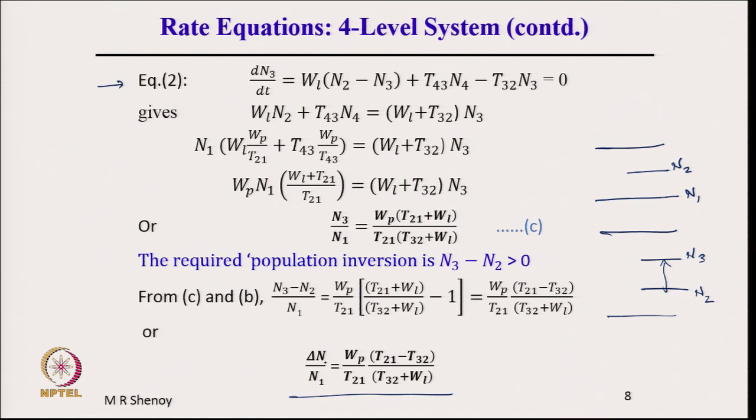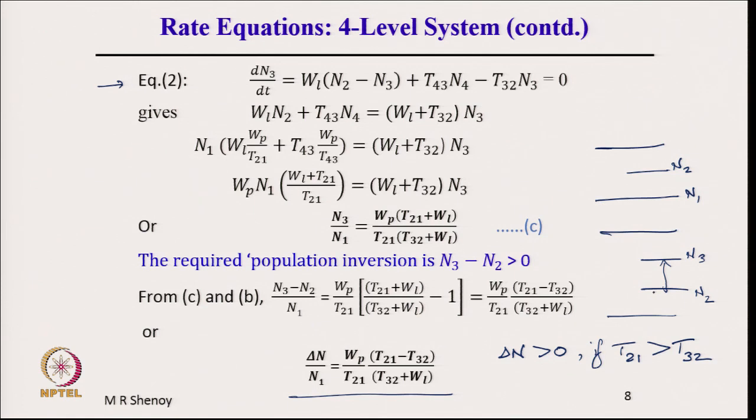Note that for delta n to be greater than 0, we need T21 to be greater than T32. All other numbers are positive, and therefore, population inversion is possible if T21 is greater than T32.